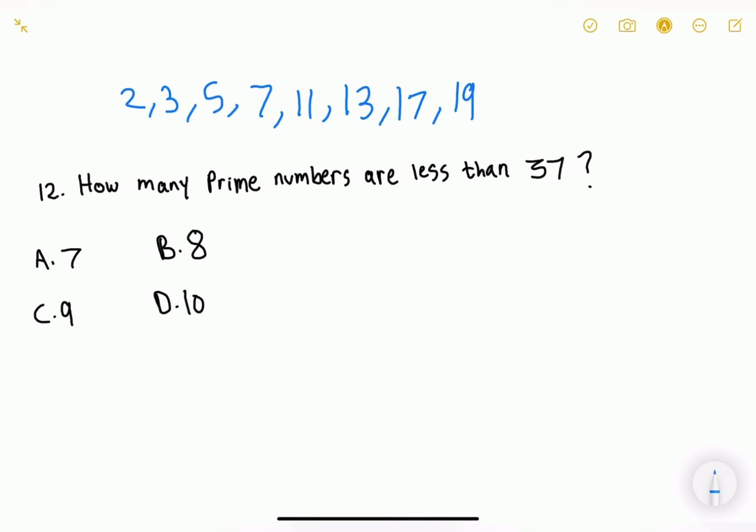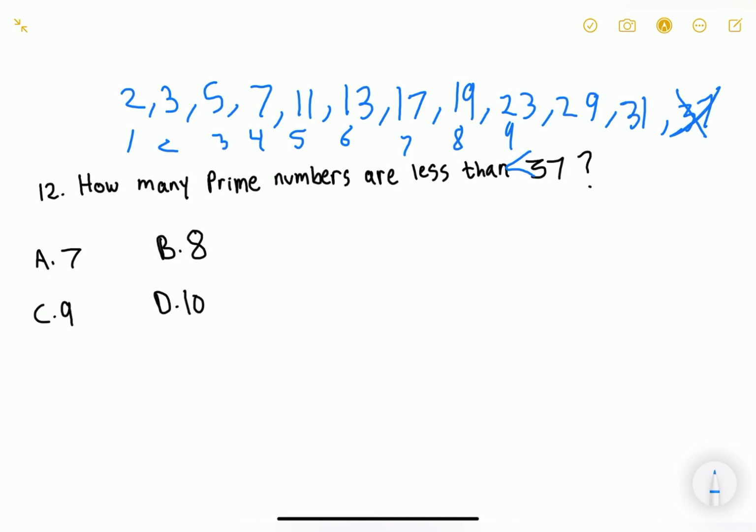Let's try to find the rest, which are 23, 29, 31, and 37, but we do not include it because what did we say? We said less than 37. So all we have to do is simply count how many there are. So there's 1, 2, 3, 4, 5, 6, 7, 8, 9, 10, and 11.